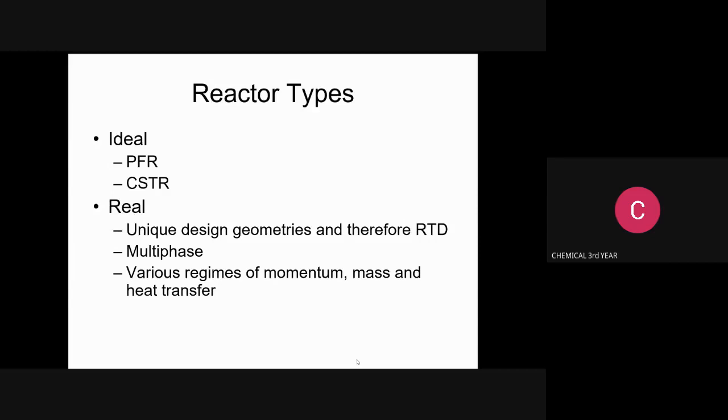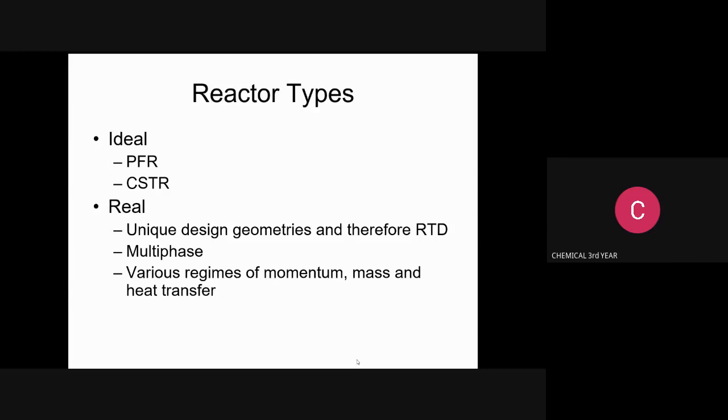So how does momentum affect the reactor design? When we give the feed, we initially check the initial conditions, which means the operating conditions. We have already set the operating conditions.